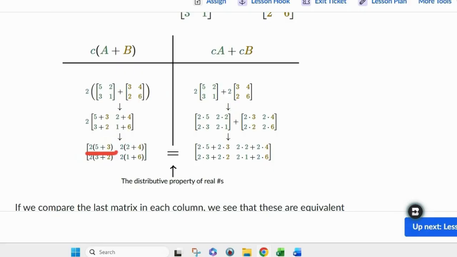That's also 16. Either way, we end up with 16 as our first element. 2 times 6, 12. 4 plus 8, 12. So the distributive property holds true with matrices. You can do it like this, or you can distribute it, and either way, you should get the same answer.